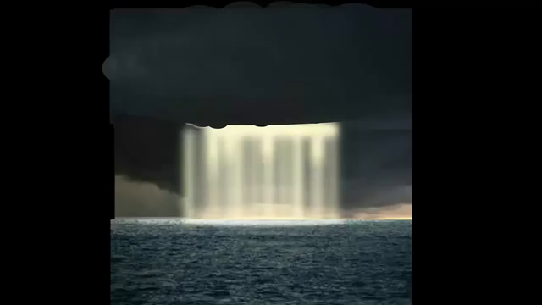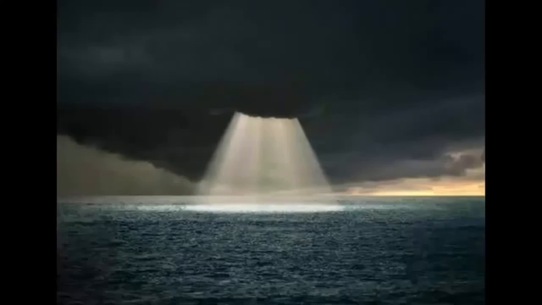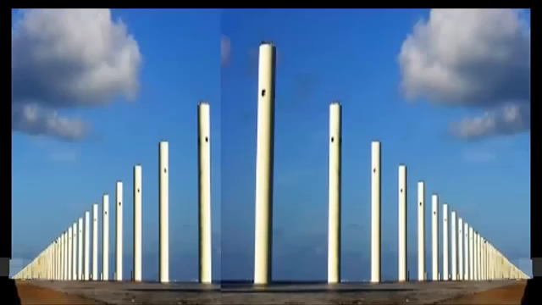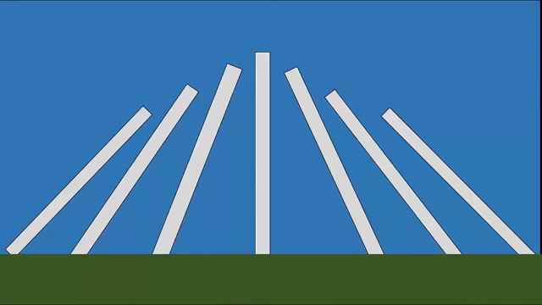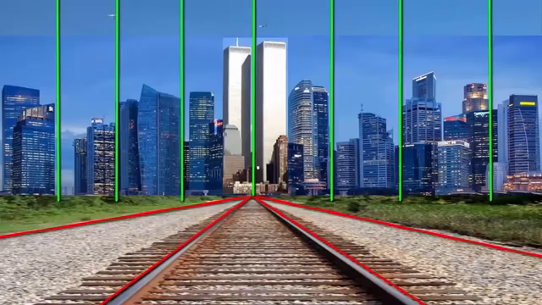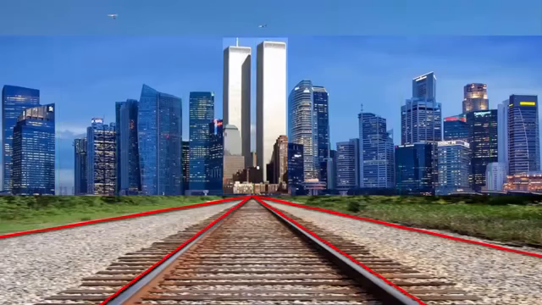Okay, here's another one. They say this is how they really are. They're vertical and they're parallel, but our eyes splay them out like this. Okay, so then why doesn't perspective take these telephone poles and splay them out like this? We don't see that, do we? Why doesn't it take these buildings and splay them out like this?